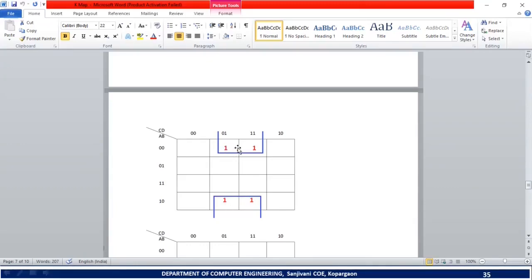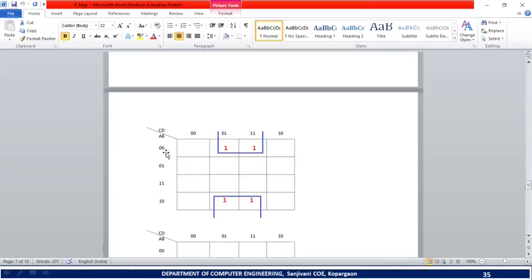So here what is happening? We have 2 1 in the first row of the K-map, and we have 2 more 1 in opposite cell of last row. So for this group, let us check what is the value of A. Here A is 0, here it is 1. A is changing, so one variable is different, that is A. What about B?